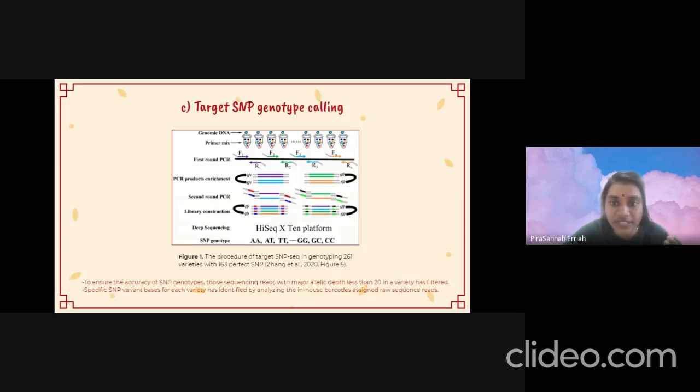Then the PCR product enrichment was conducted, and the second round PCR is to add a unique barcode adapter for each DNA sample. Then they construct the library. The constructed library was sequenced on the HiSeq X10 platform.